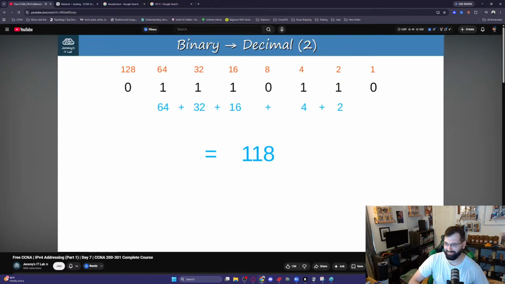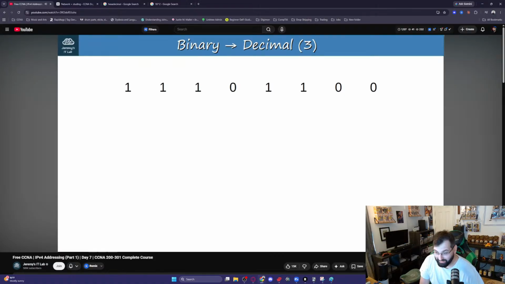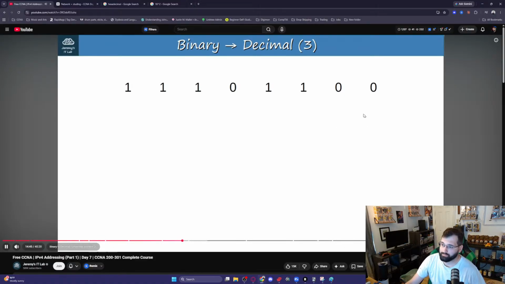Basic addition. What is binary 11101100 in decimal? This time I won't display the value of each binary digit above. Okay, so we have 1, 2, 4, 8. 4 and 8 is 12. 12 and 32 is 48. 48 and 64.